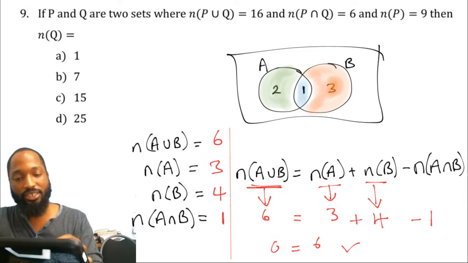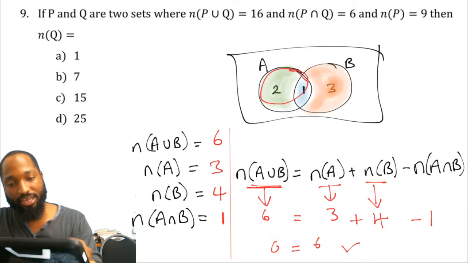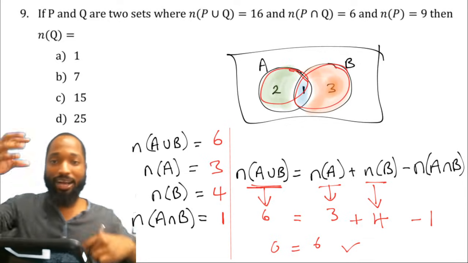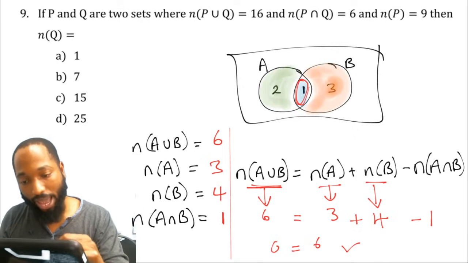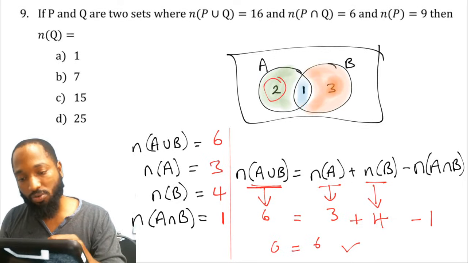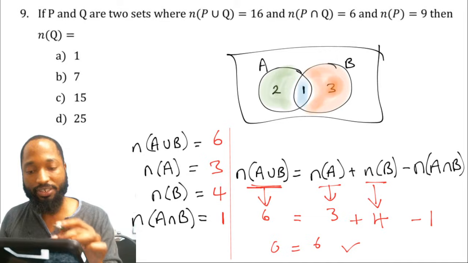Why does it work? Because if you are trying to get how much in all, you need to add how much in A and how much in B. But when you add them, you end up counting this one twice. You say 2 plus 1 and then 3 plus 1. So you need to take back out one of the middle for it to be fair.